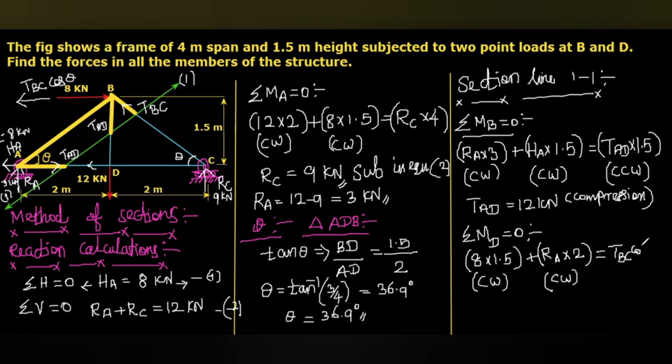Here the theta value we know is 36.9, and if you substitute all the values and simplify, we will get the value of TBC equal to 15 kilonewton.